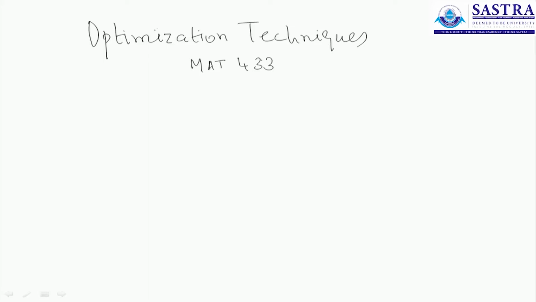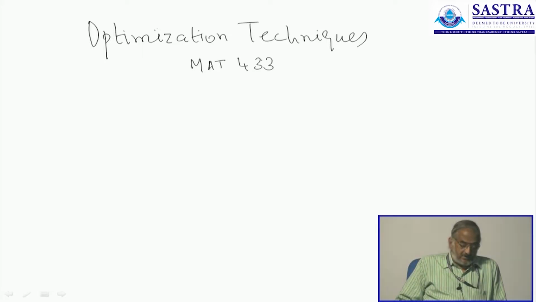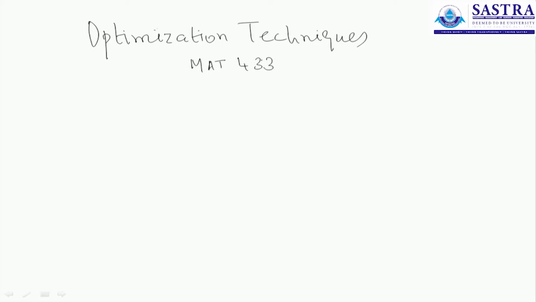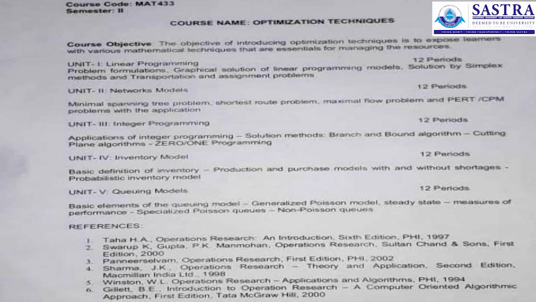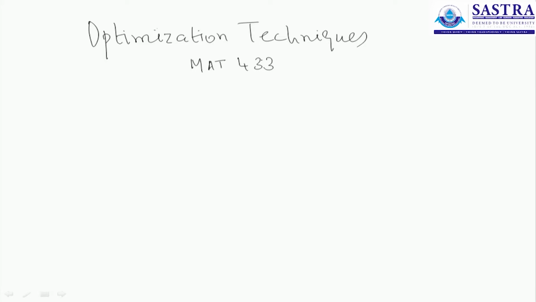In that, transportation and assignment problems come at last, but I am choosing that as a first, making it easy for the learner to follow what exactly a transportation problem is, what exactly an assignment problem is, and how those problems can be extended to a linear programming problem, so that linear programming can be understood via transportation and assignment problems, not directly through mathematics, but also through some simple problems, so that linear programming can easily be followed when inequalities and non-restricted variables are present, from the perspective of computational models in mathematics.